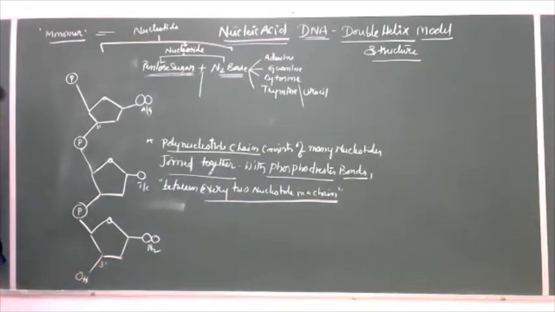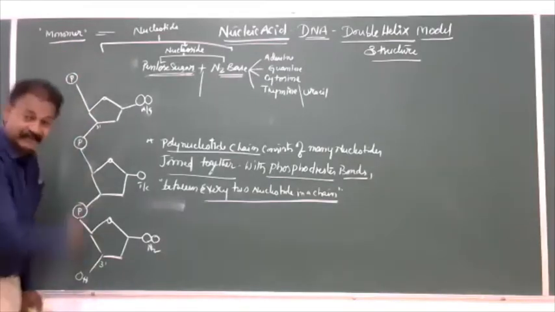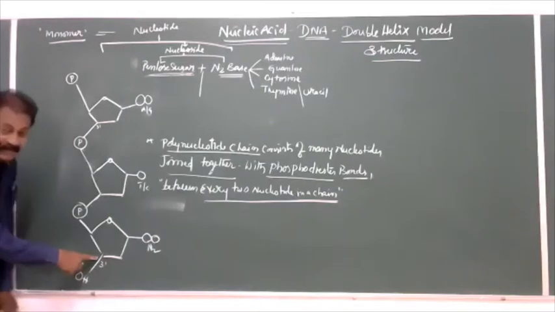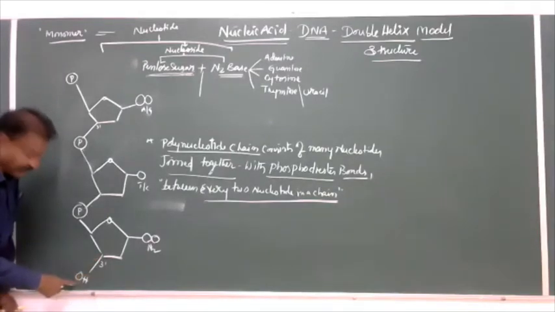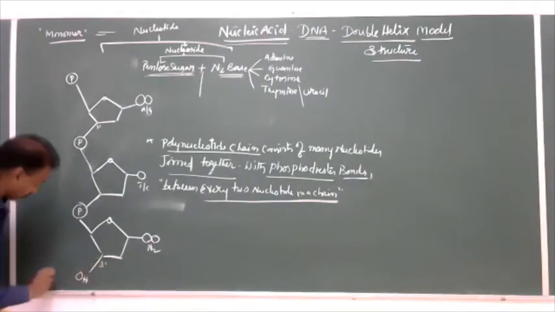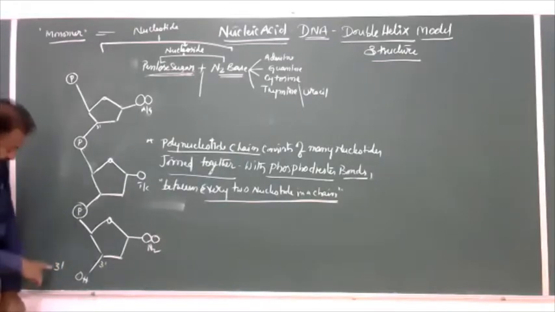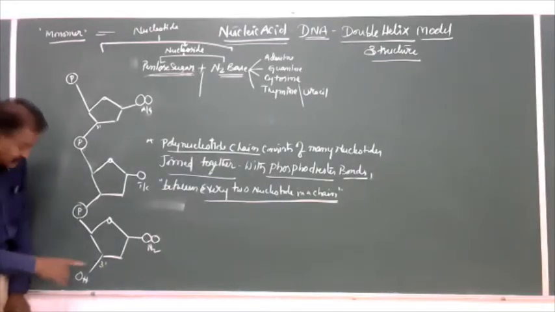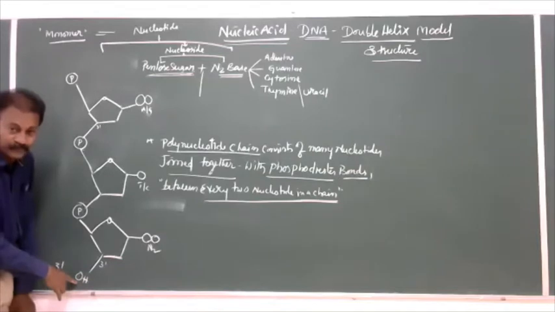So always in a polynucleotide chain, one end of the chain has a polarity of 3 prime, and this end always has one free OH group.